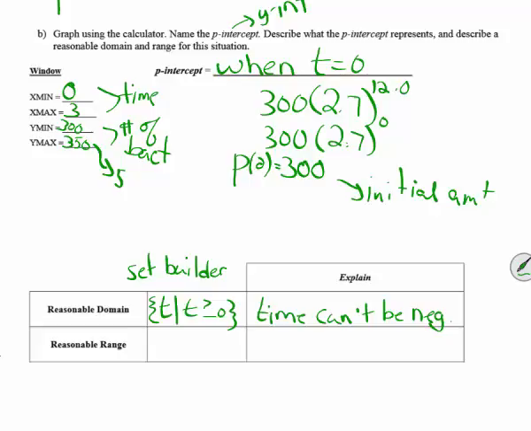Reasonable range. Range are your y values. Those are your x, these are your y. X was talking about time, y is talking about the number of bacteria. Well, again, we're going to use P because they said population. And we know it has to be at least 300, and then it's going to keep increasing from there. So P has to be greater than or equal to 300. It's starting at 300 and increasing.